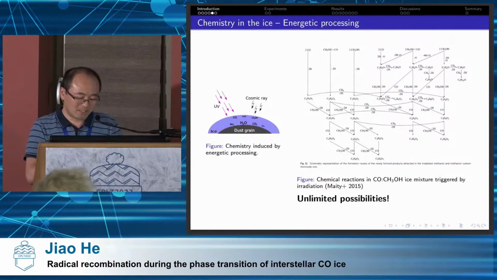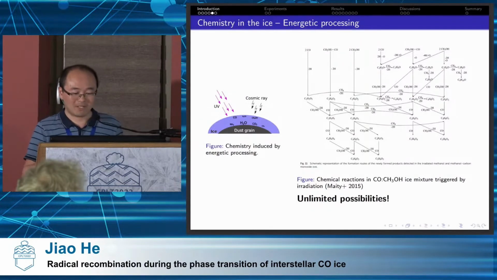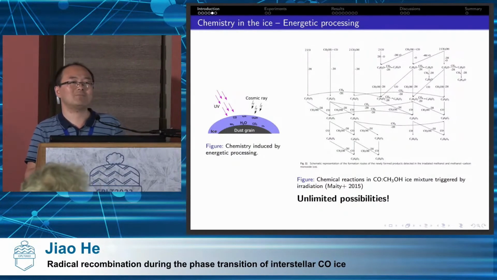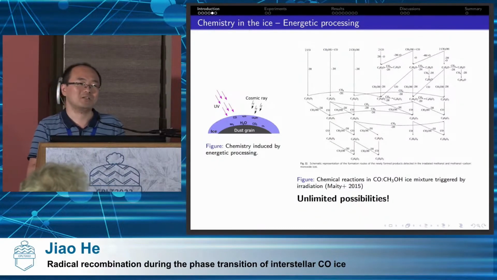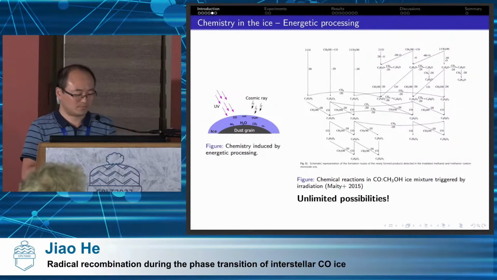So starting from the CO and the methanol ice mixture, we can see that a lot of chemistry can happen. So this is very complicated. And the real situation could be even more complicated than this one. So it's only limited by the detection sensitivity. So this is the study by Ralph Kaiser's group.